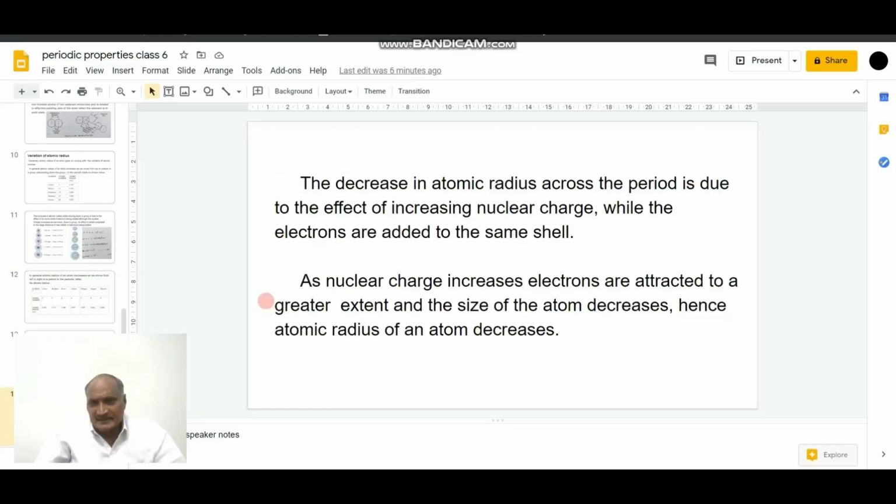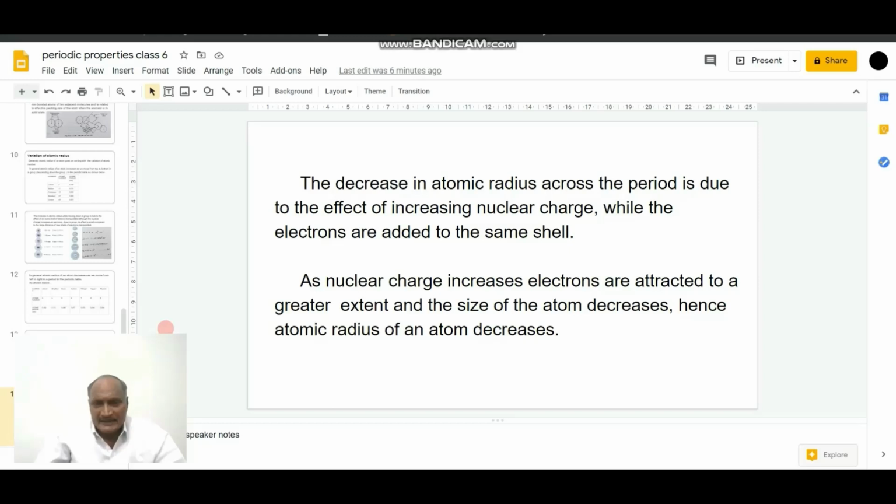The decrease in the atomic radius across the period is due to the effect of increasing nuclear charge, while the electrons are added to the same shell. Here the electrons are added at the same distance.